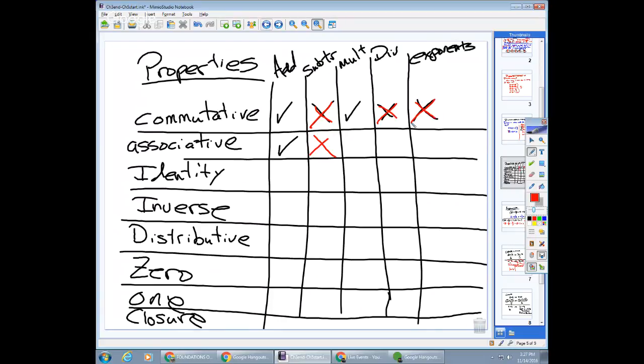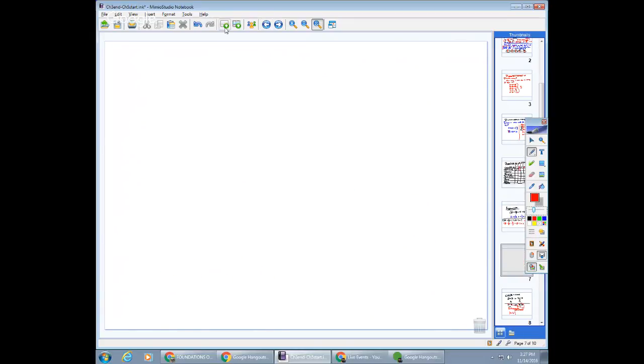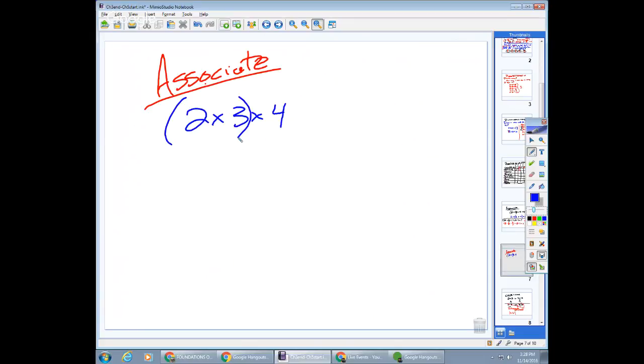Multiplication. Can we change the association of multiplication? Let's switch to blue. So 2 times 3 times 4. So natural order of operations is to do that, reading it from left to right. That would be what, 6 times 4?